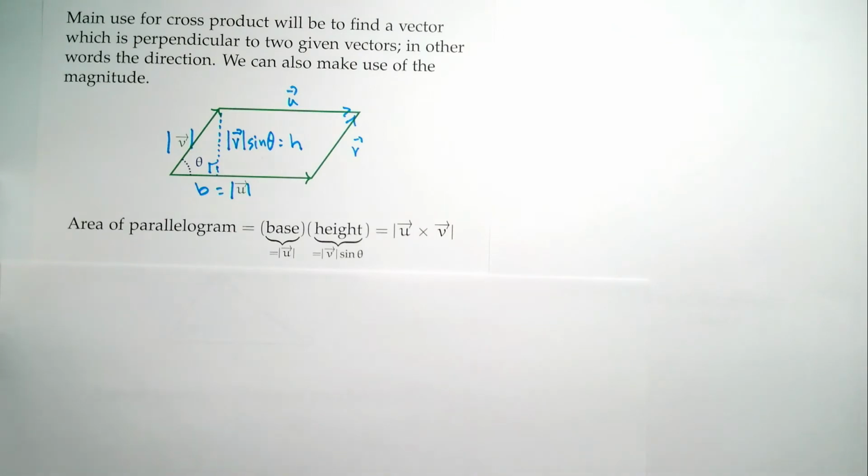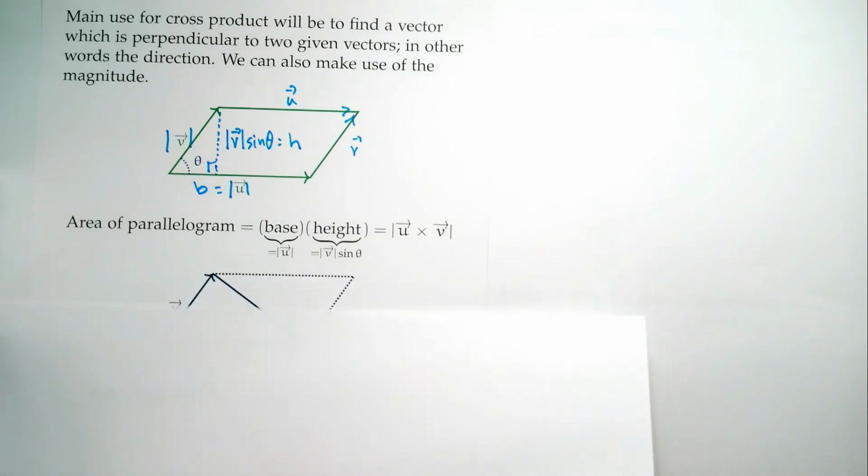All right. Now you're probably thinking, well, that's great, but I may not want to really care much about parallelograms. My passion is triangles. I love triangles. So suppose now I want to find the area, not of the parallelogram, I want to find the area of a triangle. Well, what can you do?